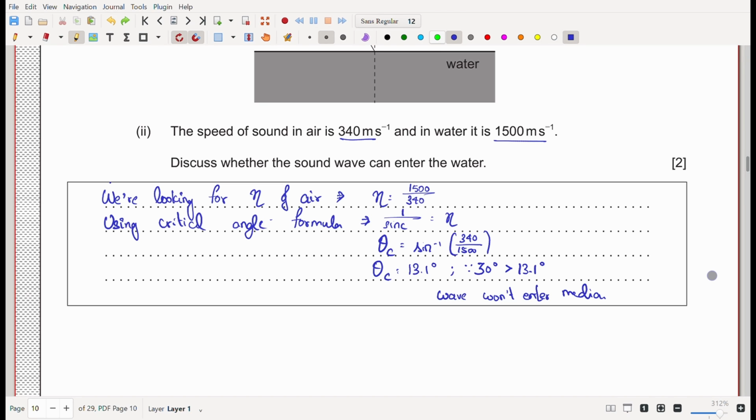And we can use the critical angle formula, which is 1 by sine C is equal to refractive index. So here we can write theta C is equal to sine inverse of 340 by 1500, because we are reciprocating the value, we need to reciprocate this as well. So this means that theta C is equal to 13.1 degrees.